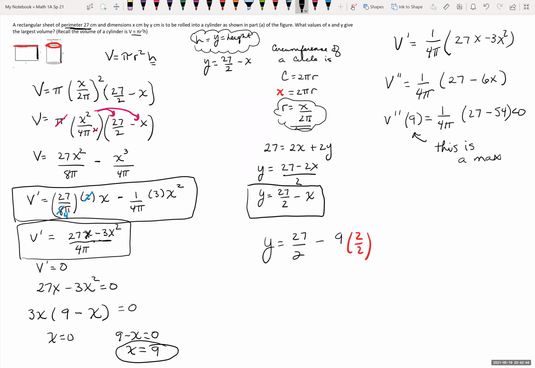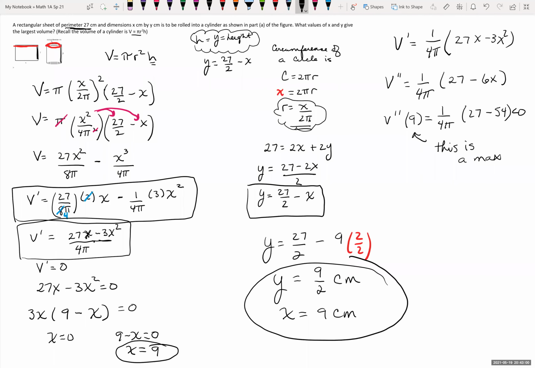So y is equal to 27 halves minus 18 halves, which is equal to 9 halves. And we're in terms of centimeters. So 9 by 9.5 centimeters would give us a maximum volume.